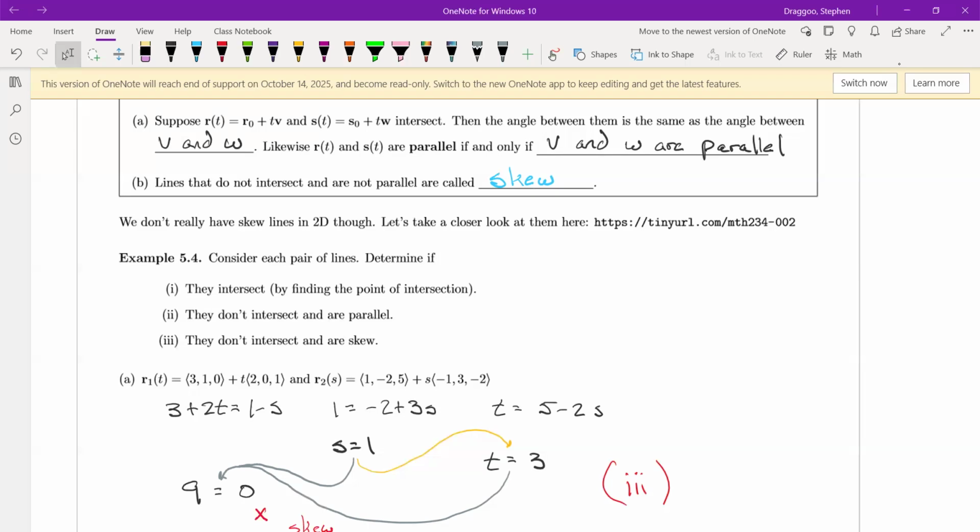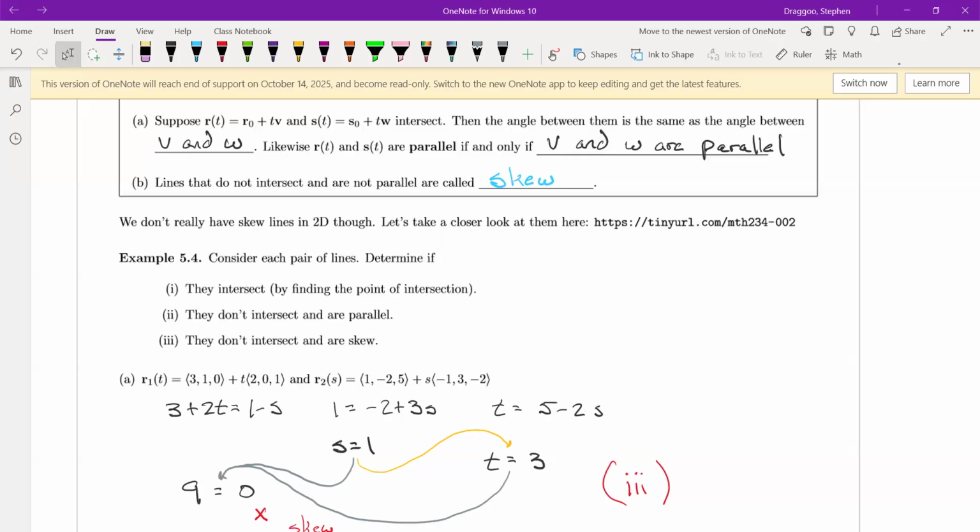But we also have a third option, which is 2 non-parallel lines that do not intersect. Because now that we're moving through space, we added in an extra dimension. It's entirely possible for two lines to never intersect, even though they're not parallel. So that new definition for non-parallel lines that do not intersect somewhere in free space is called skew.